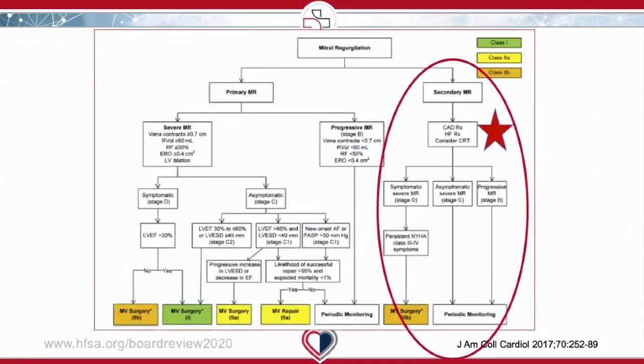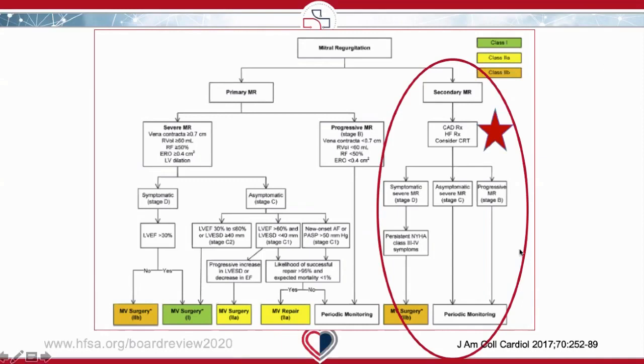Accordingly, these trials were published after the guidelines, but they really took into consideration that for secondary MR, the first order of business is that you treat the ventricle. So treat with guideline-directed medical therapy for heart failure, revascularization if there is an ischemic component, and consideration of CRT before moving to a device intervention.